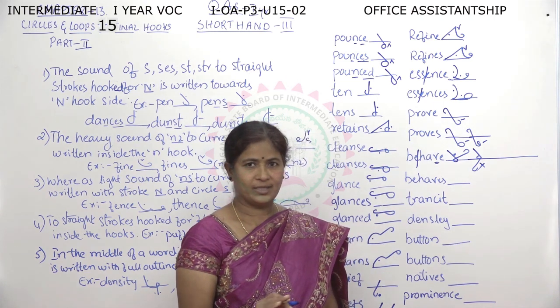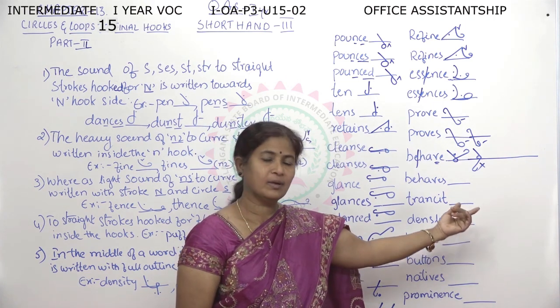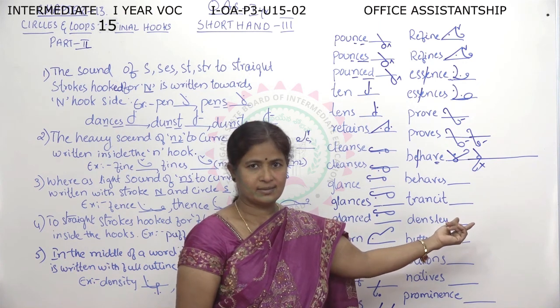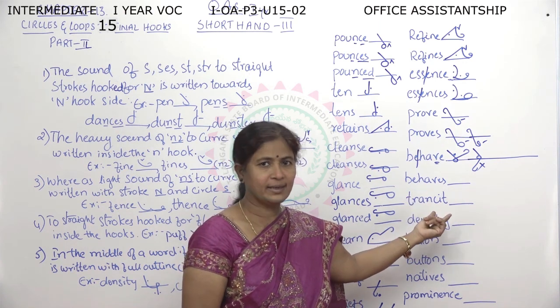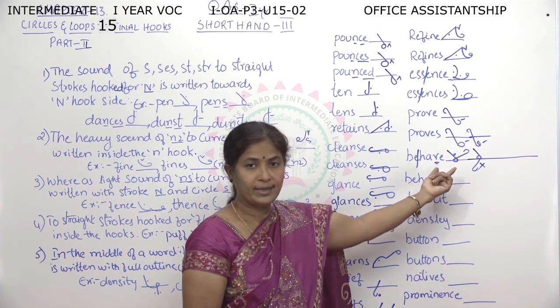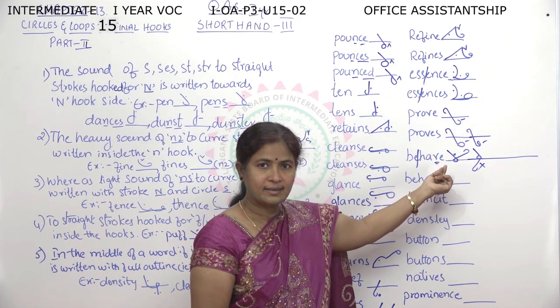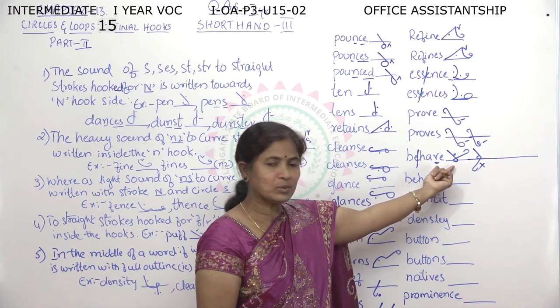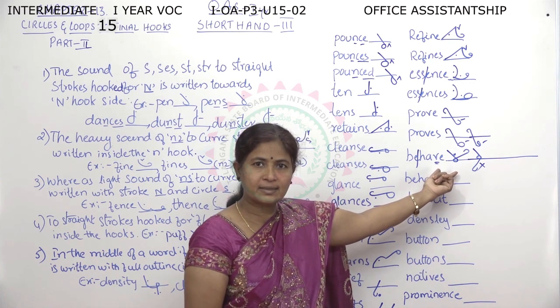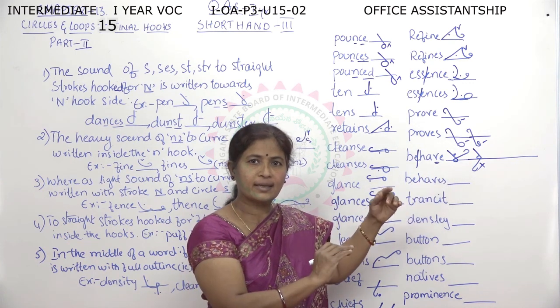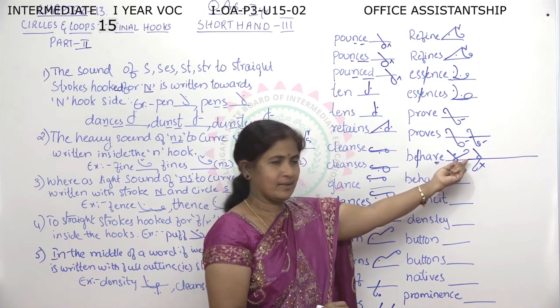We can't write downward H. Not possible. So, upward H only we have to write. Ela rayali, upward H matrame rayali. Ela rastamu manamu? Behave, be rasamu and have, circles and ray. Idem avutundi. H circle, if you turn like this, it's looking like circles and ray.